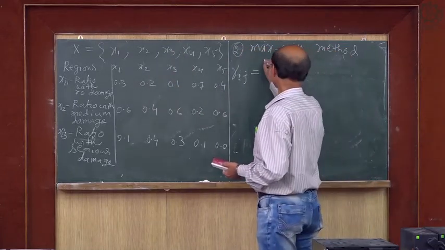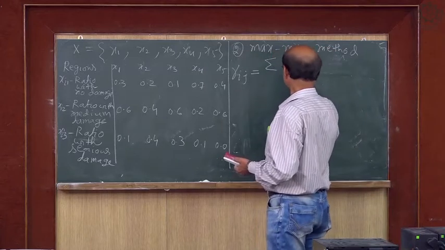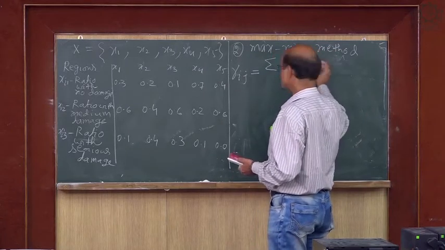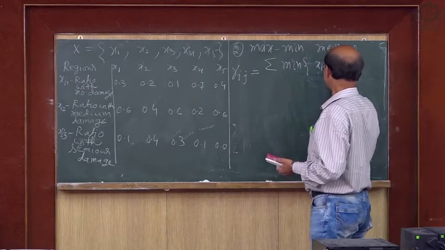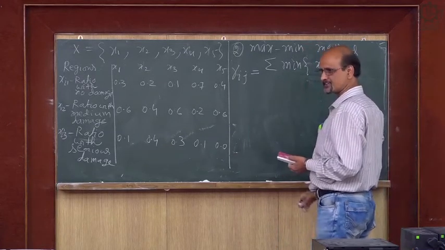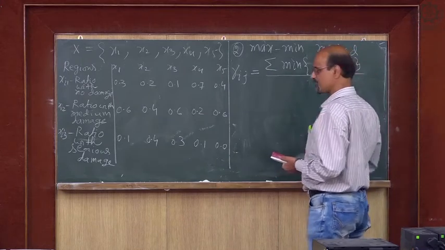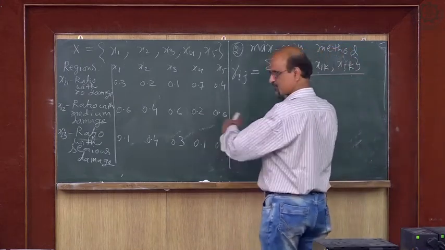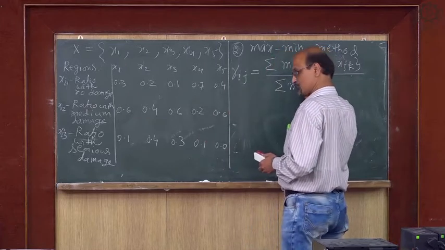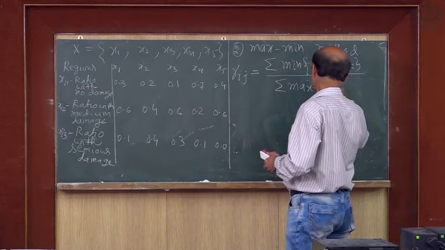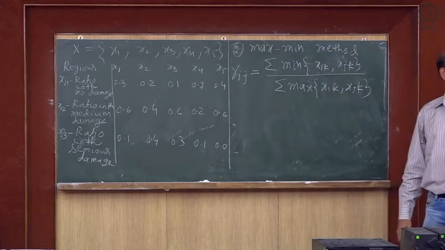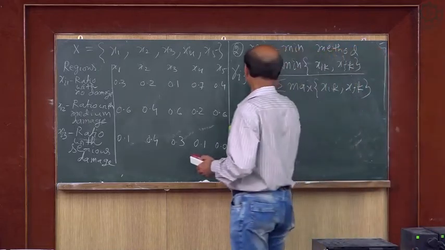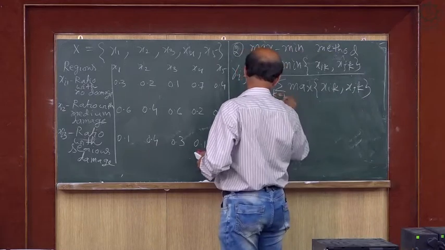This is the summation of minimum of xik, xjk, divided by, this is very simple, simpler than the previous one to compute at least, the maximum of xik, xjk, where k is going from 1 to m.